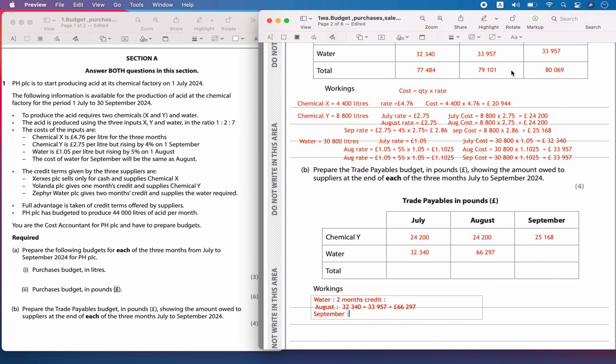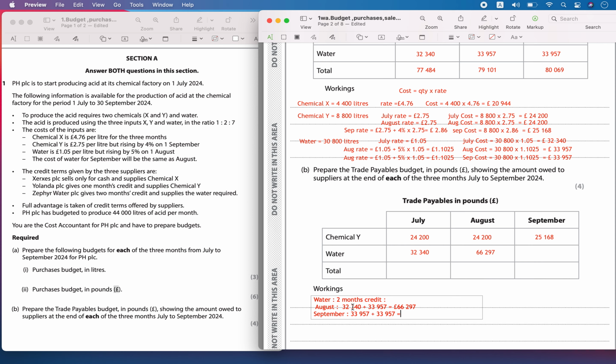So for the September month, I can owe the previous month's credit still, 33,957, plus this month's credit. This month I'll have to purchase 33,957. I should have settled by that time the 32,340.